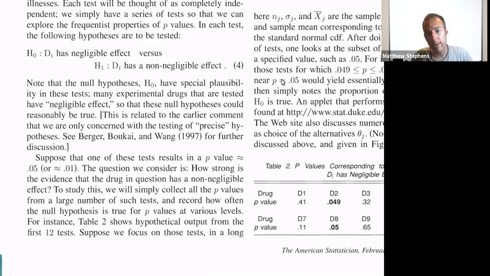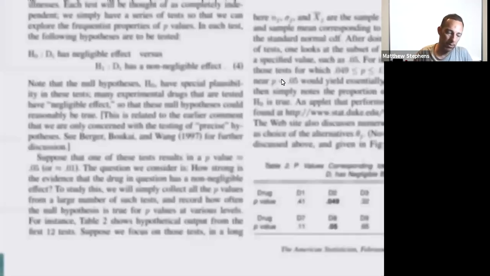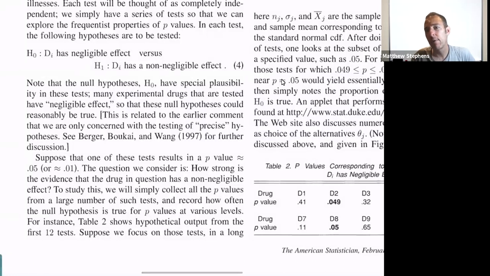But there's still another thing it depends on, which is how strong the effects are, which essentially determines the power of the test. Okay, so the intuition is that if you have a test with no power, then the p-value tells you nothing, essentially.